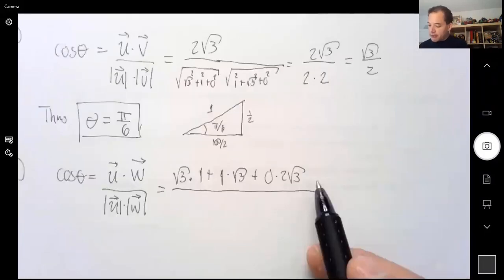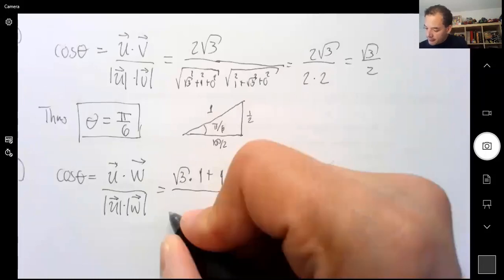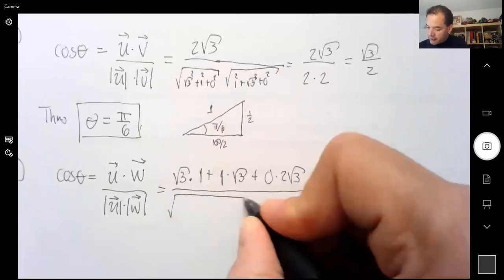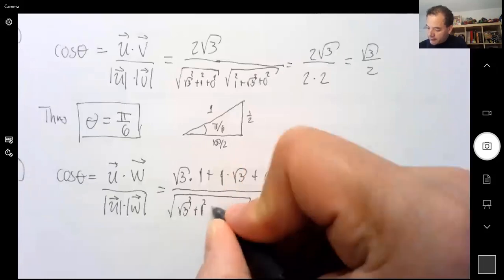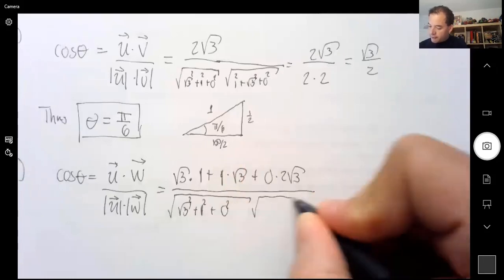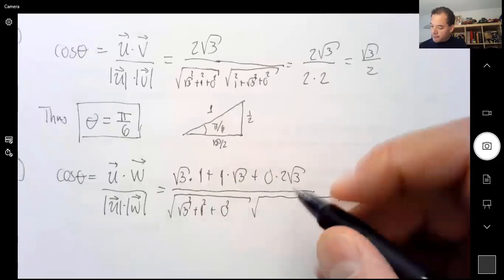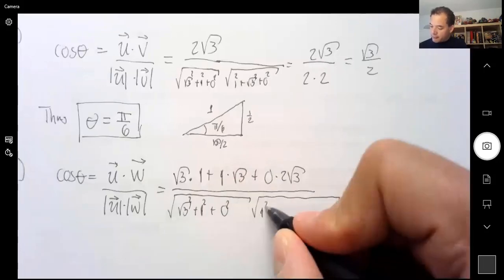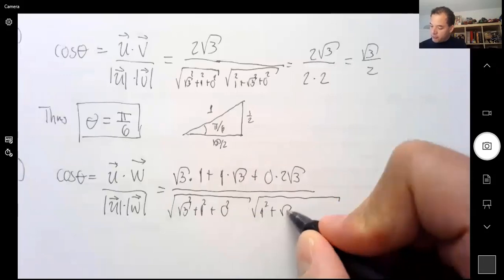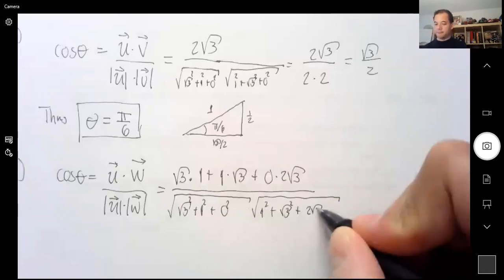And then the magnitude of u is, we did that one before, √3 squared plus 1 squared plus 0 squared. And then the magnitude of w is going to be these numbers right here. So it's 1 squared plus √3 squared plus 2 √3 squared.